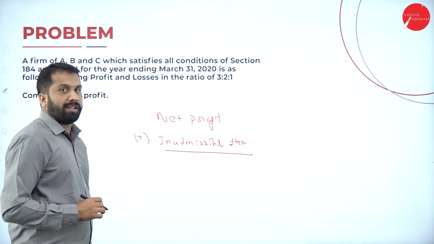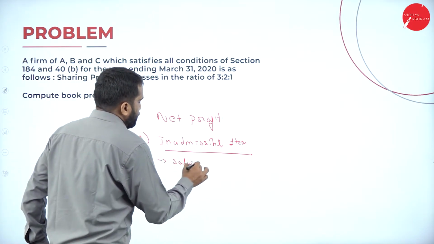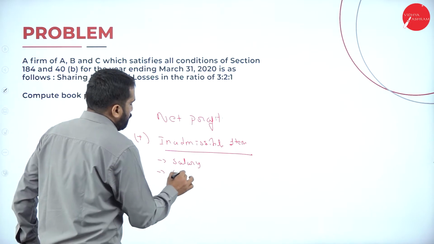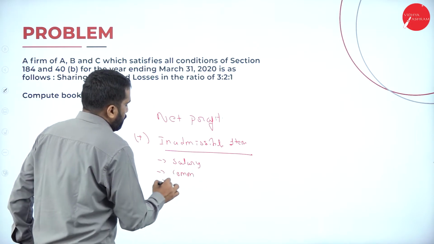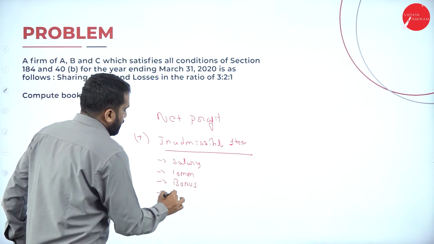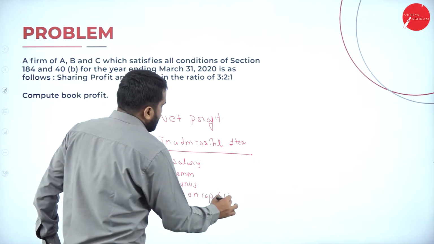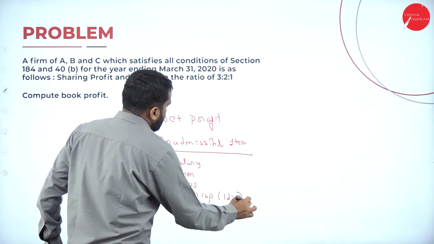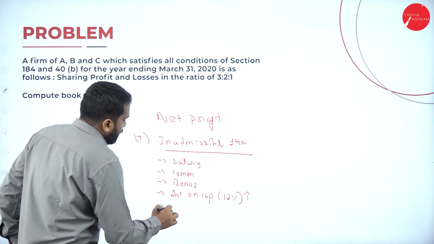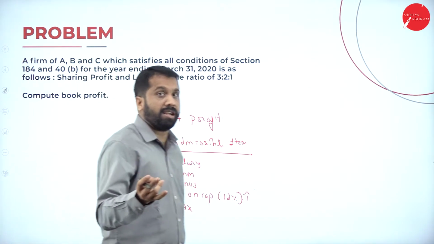What are the inadmissible items? Remember, salary of partner, commission of partner, bonus of partners, interest on capital in excess of 12%, then any taxes other than your sales tax or GST, VAT.